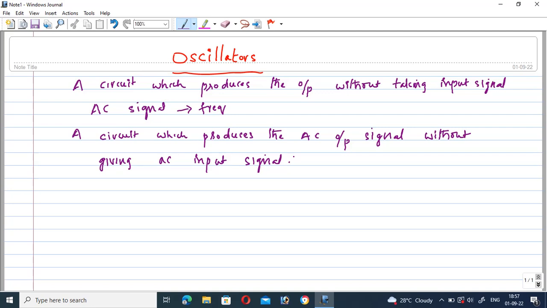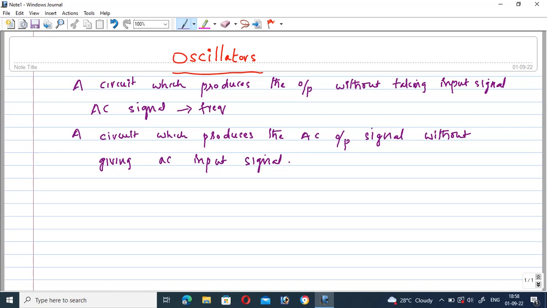There is obviously a question mark for everyone: Sir, how is it possible for a circuit to produce an output signal without giving any input signal? Exactly, your answer is correct. No circuit can produce an output signal without taking an input signal.